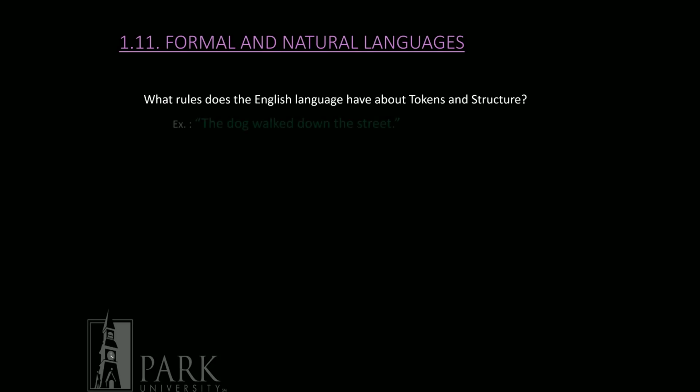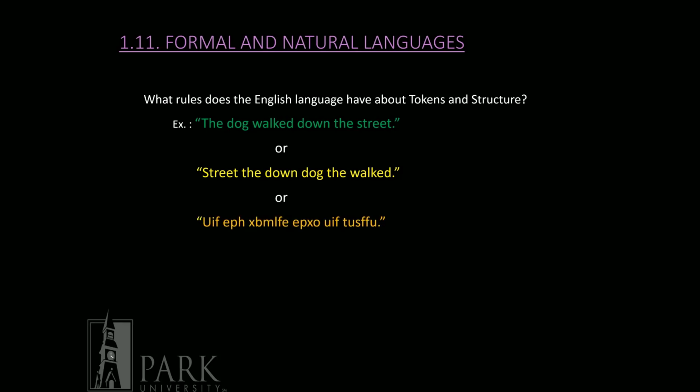So what rules does English have about tokens and structure? Well, let's take a look at some examples, right? The first example is "the dog walked down the street." All right, that's easy to read, easy to understand. What about "street the down, dog the walked"? Does that make any sense? Or what about this, where all the letters are shifted or rearranged?